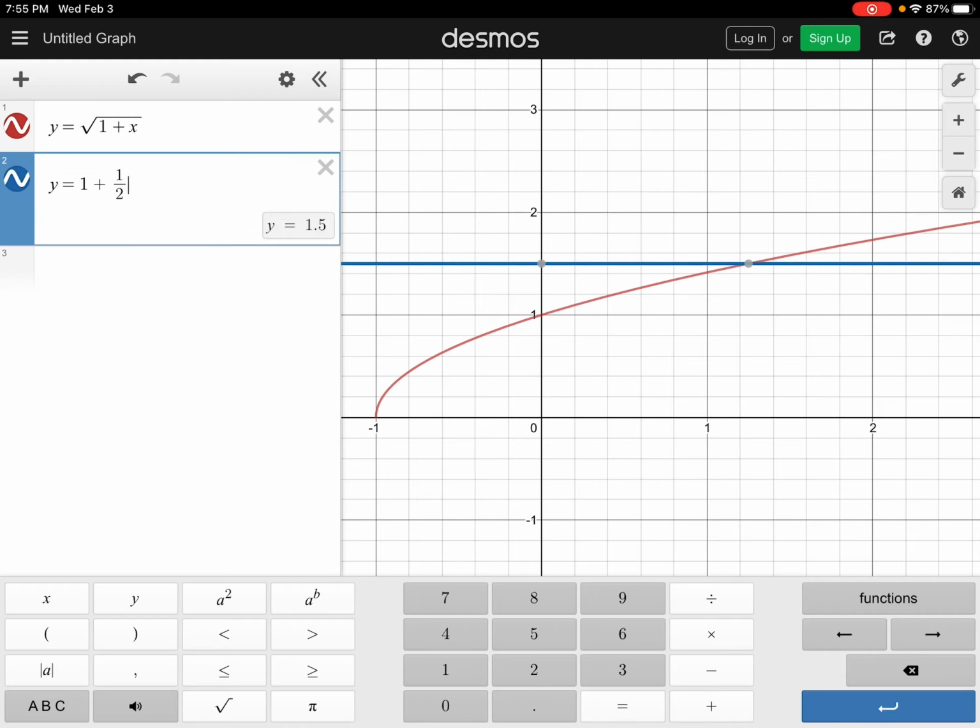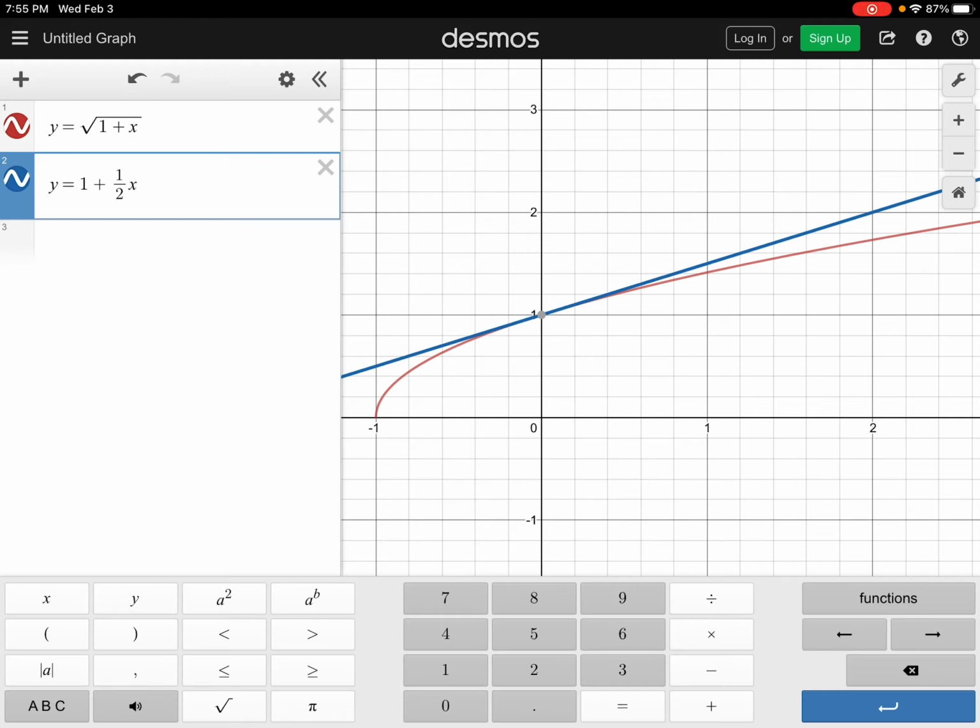That was the linearization I found. And so here it is, the big reveal. What we are saying is that close to 0, that was the a value that they wanted us to use, this red graph, square root of 1 plus x, can be estimated by the blue graph, 1 plus 1/2 x.